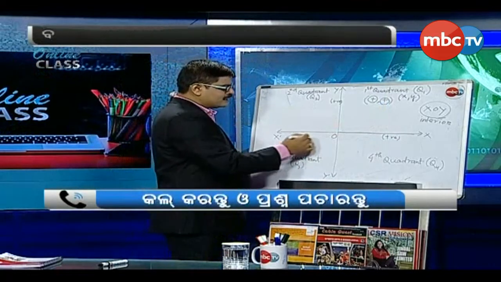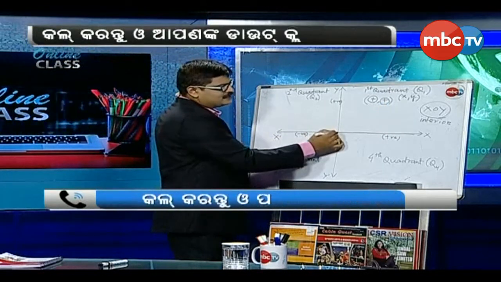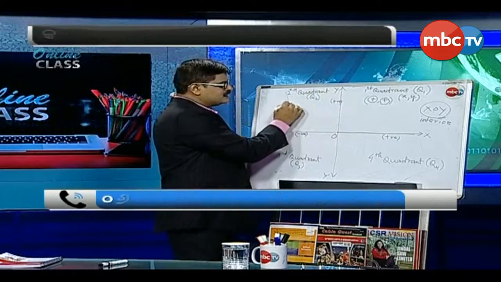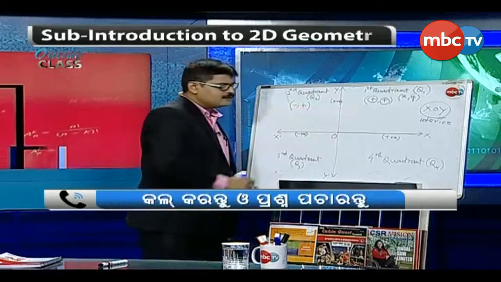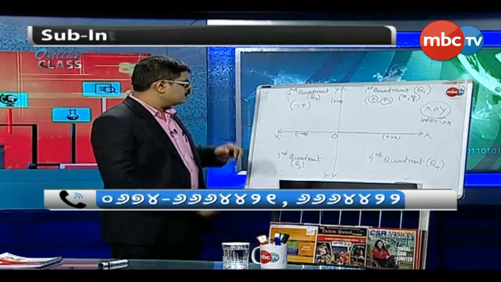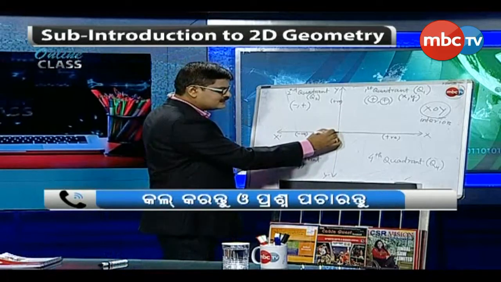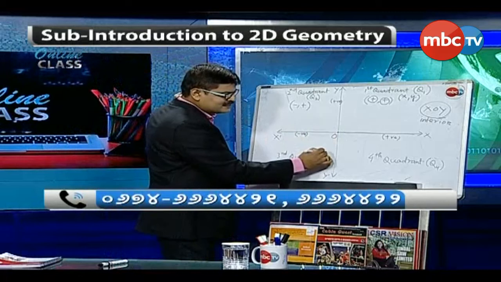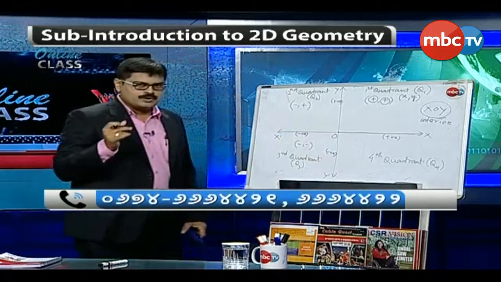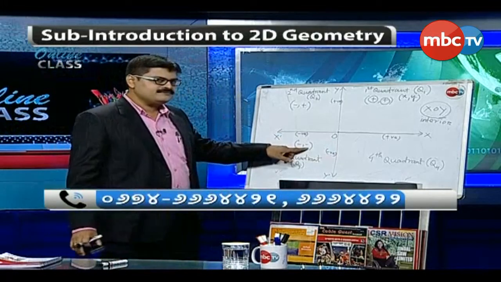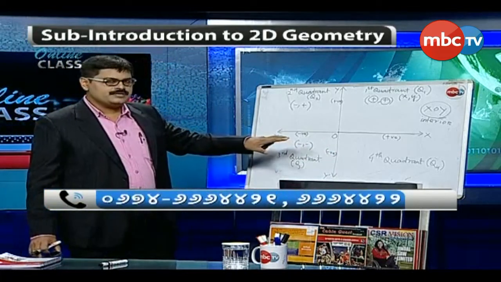Similarly, in second quadrant you see this is the negative side of x axis, and this is the positive side of y axis. So in x we get negative values and in y we get positive values. Similarly, in third quadrant, say this is x dash o y dash, here negative side of x axis and negative side of y axis means the coordinates will have signs both negative, x coordinate will be negative in nature and y coordinate is also negative in nature.